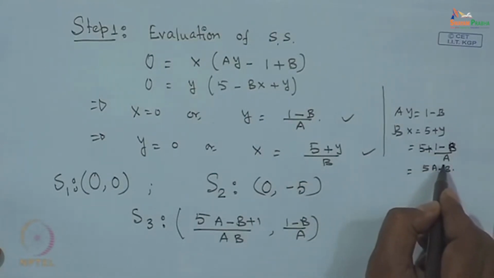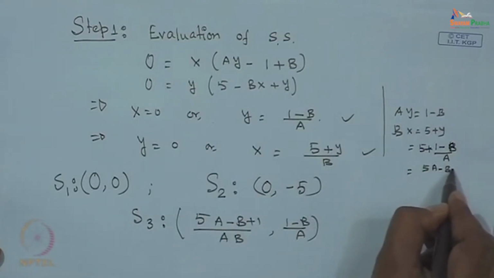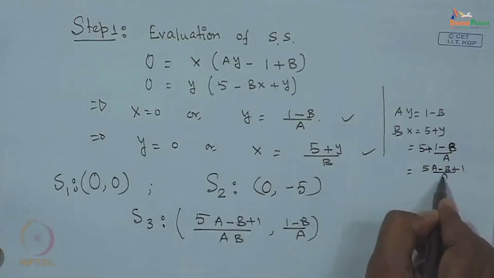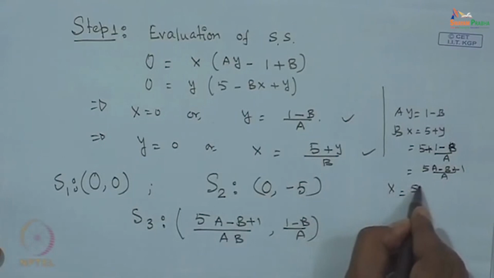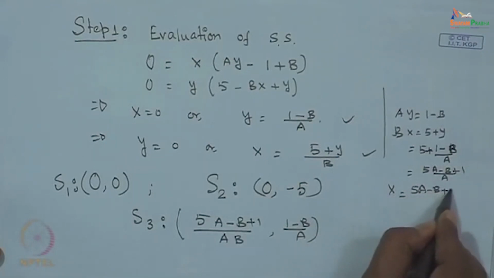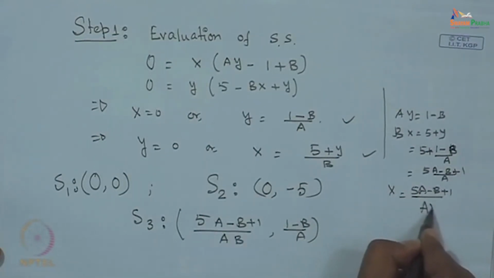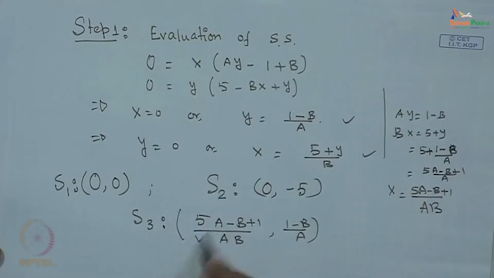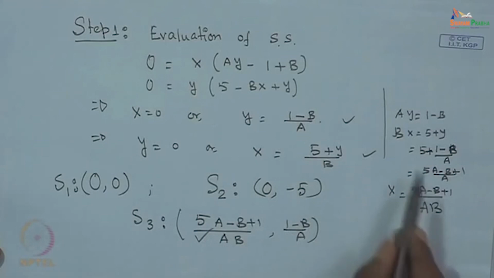So, it becomes (5a - b + 1)/a. So, x becomes (5a - b + 1)/(ab). So, you will get the first value of the steady state, and corresponding to that, you put it in here, y becomes (1 - b)/a.